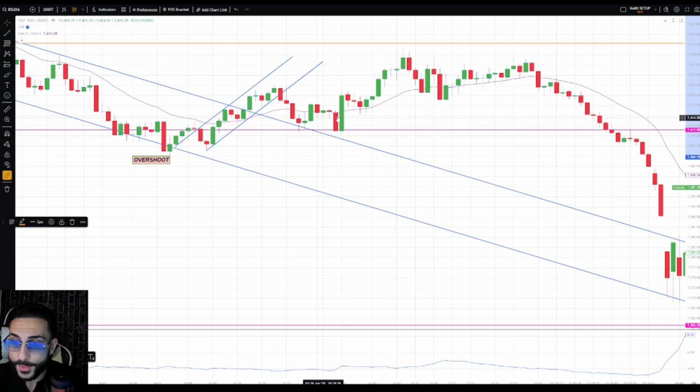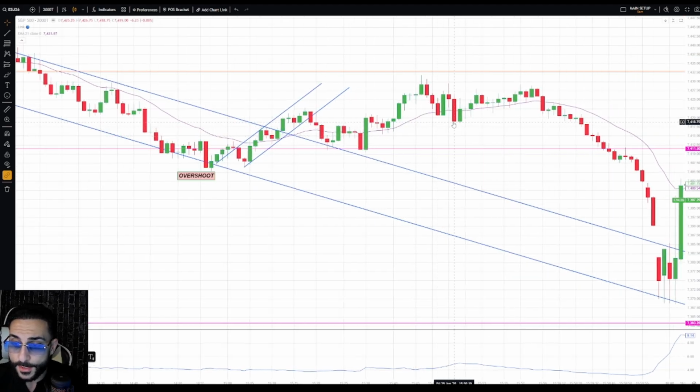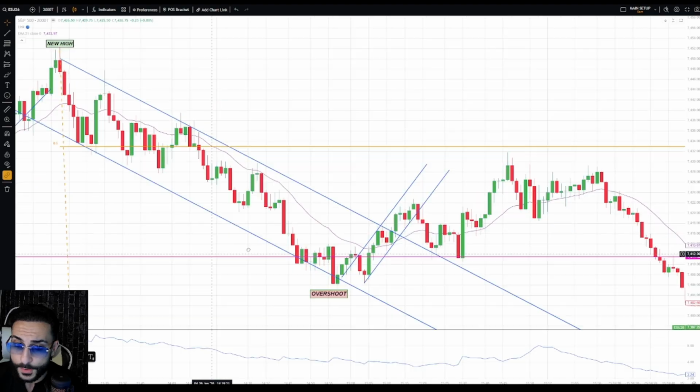And price started going a bit sideways. We didn't have any additional pushes lower. And this is also because now we're getting close to the market close. Usually 30 minutes before the close, I don't like to trade unless it's a super high probability setup. But I think this definitely has to do with price action going sideways, some indecision before the weekend. So that was it. And then the market closed.